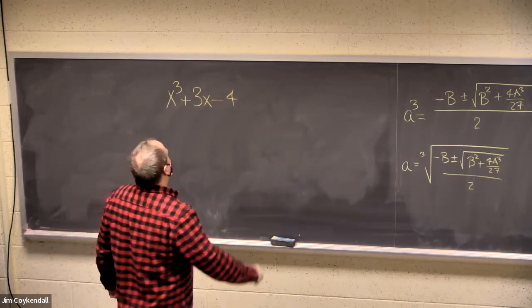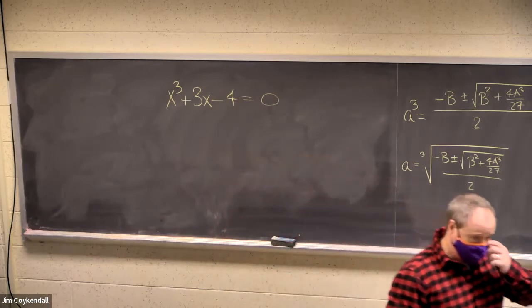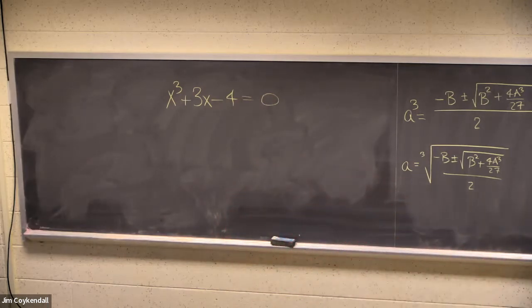Suppose I have to solve this. You are so powerful and mighty now because you have the cubic formula, but there's a better way to solve this one. Does anybody see an easy solution to this?